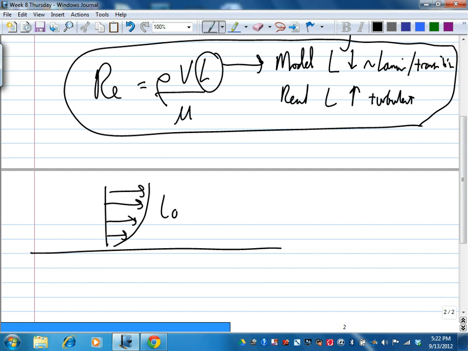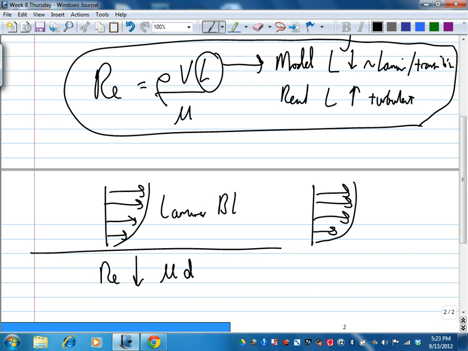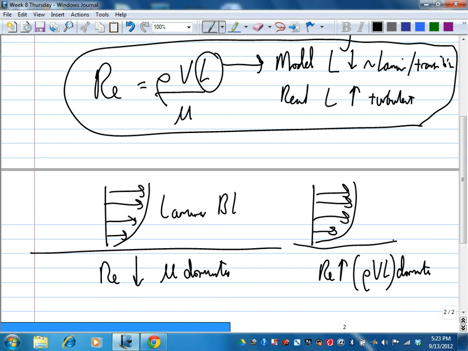Just to recap: laminar flow, layers like that; laminar boundary layer, turbulent boundary layer. The mechanism here: Re is low, mu dominates. Here Re is high, rho V L dominates. Anytime you get a little bit of disturbance, the mean flow, U infinity, is driving the system, and the energy comes from it.